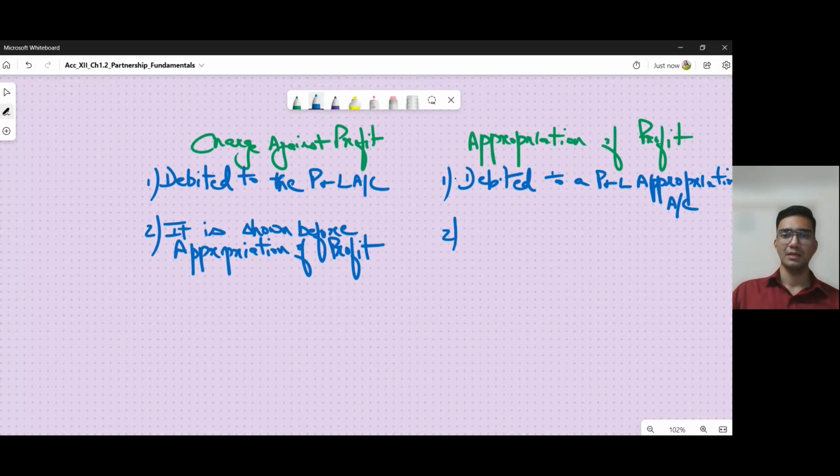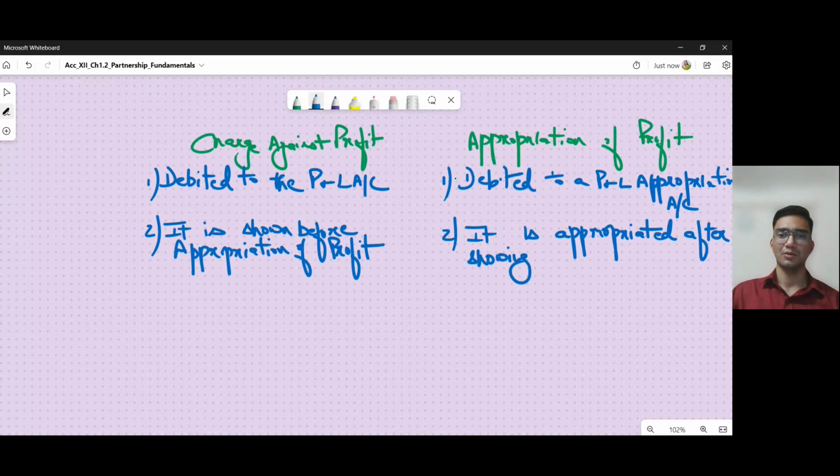This one, it is appropriated after showing all charges against profit.